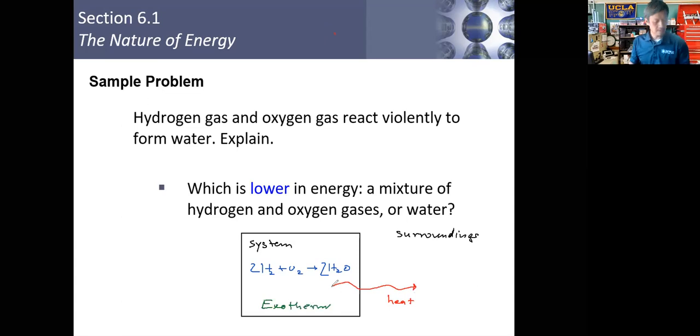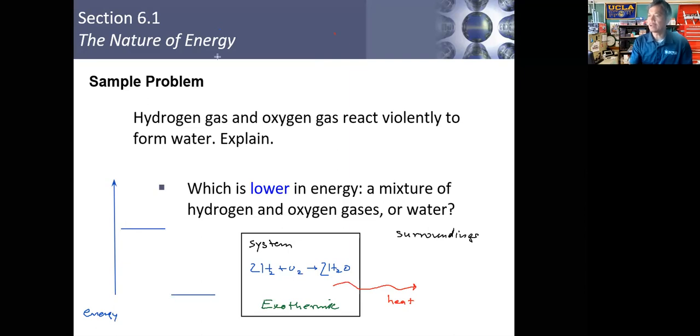And remember, we said that for all exothermic processes, the product will be lower in energy than the reactant. And so we draw the energy diagram here, and energy increases as we go up. What we're going to notice is that the reactants will be higher in energy than the product.